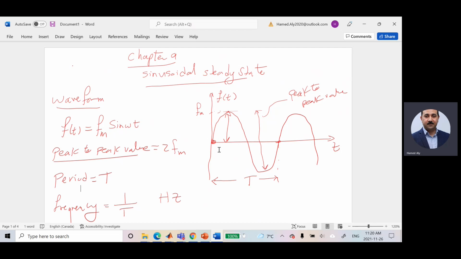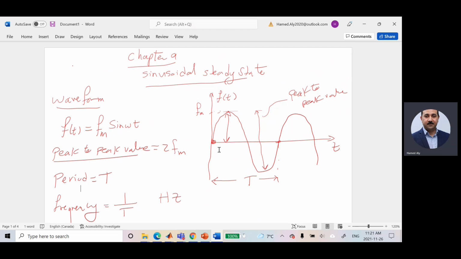If I have a resistor in time domain, I would like to convert it to phasor domain. If I have an inductor in time domain, I would like to convert it to phasor domain. If I have a capacitor in time domain, what does the capacitor look like in phasor domain? So next class, I'll talk about how to convert any voltage, any current, any resistor, capacitor and inductor from time domain to phasor domain.